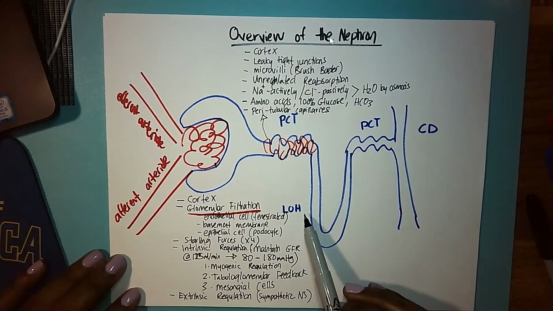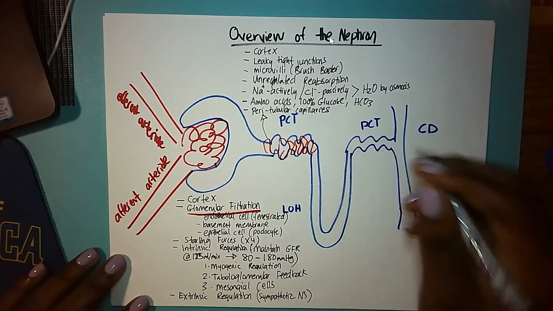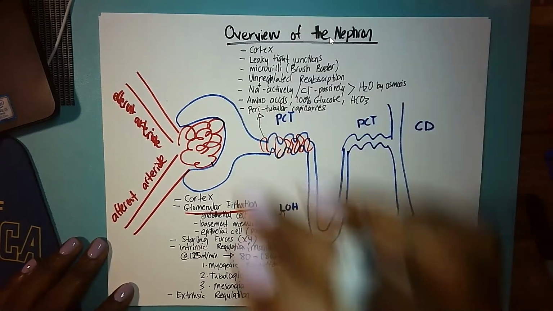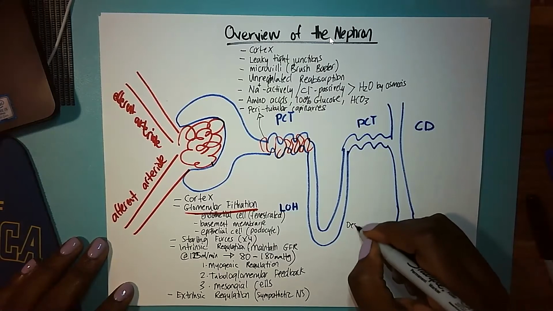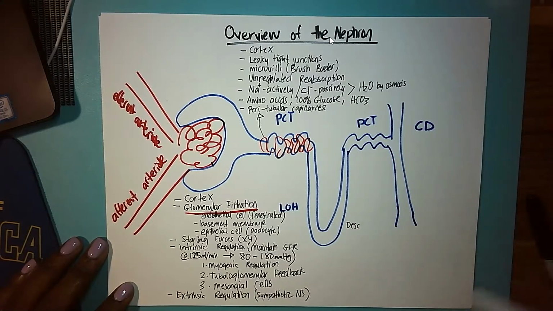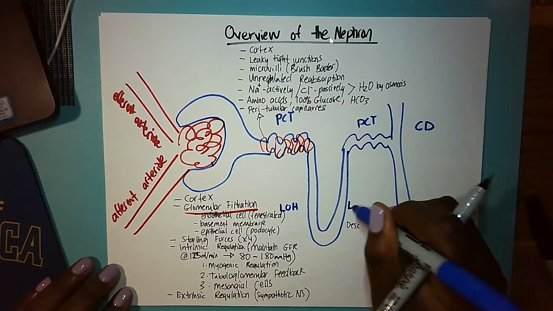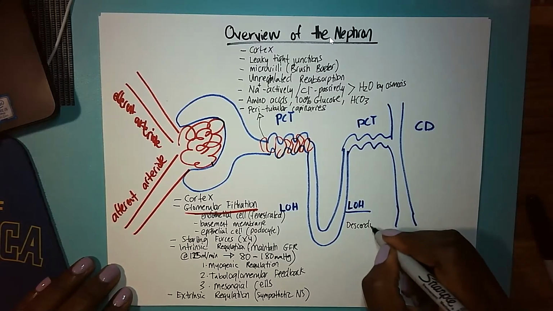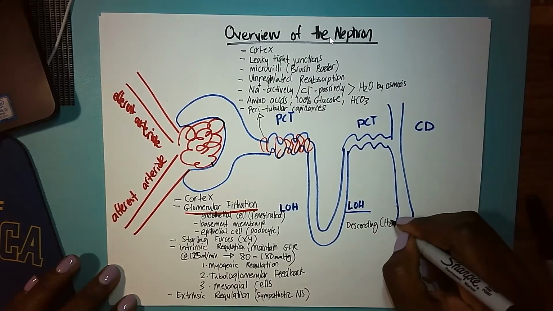Let's move down to the loop of Henle. So in the loop of Henle, we know that we have the descending and ascending limb. So we have the descending. So the descending limb that is only permeable to water.